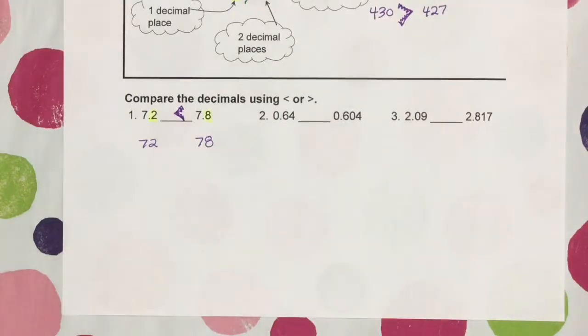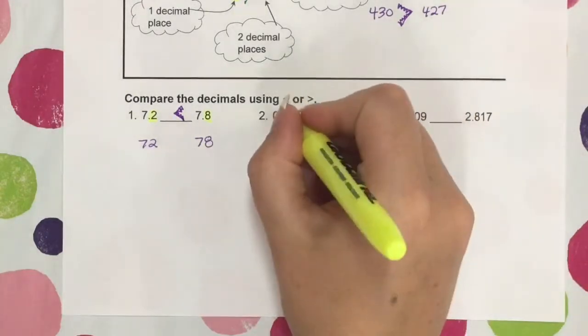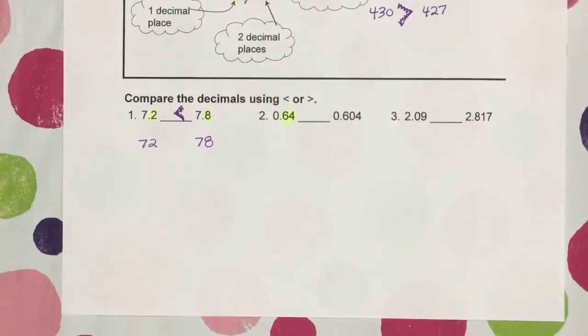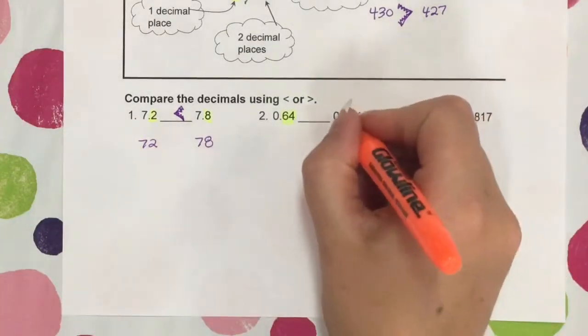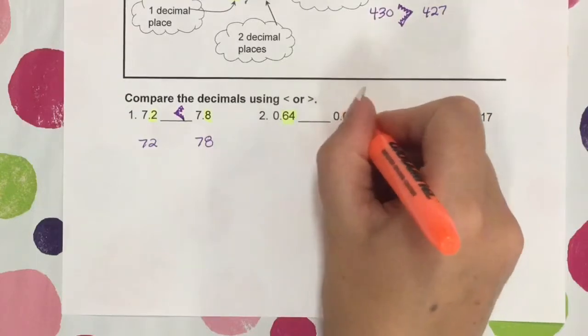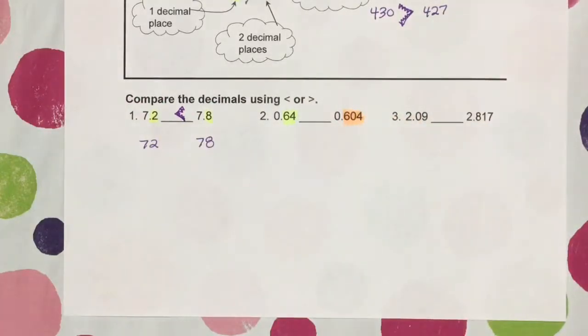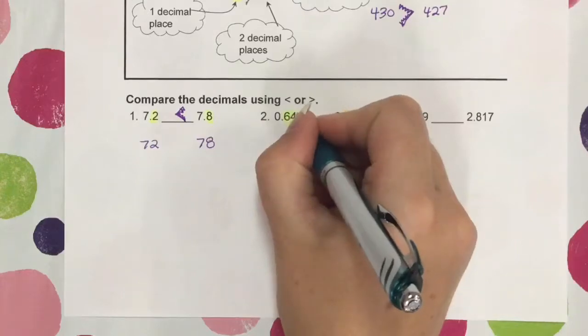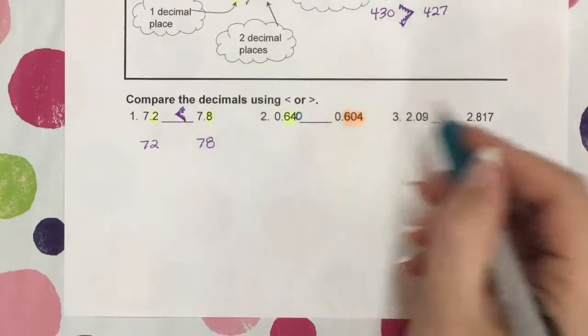So here we have 2 decimal places, and right here we have 1, 2, 3 decimal places. One thing the textbook talks about is, hey, add a 0 so they have the same number of decimal places.